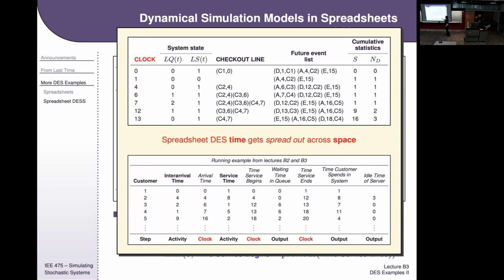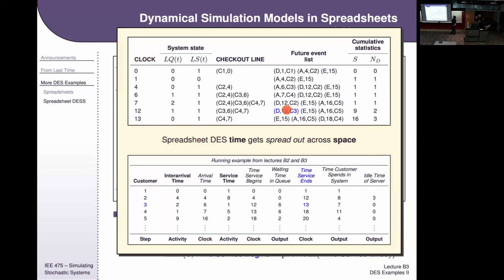But if you want to get time information out, notice that this is a time column. This is a time column. This is a time column. So if I want to generate these cumulative statistics, I have to be clever about where I look for those.